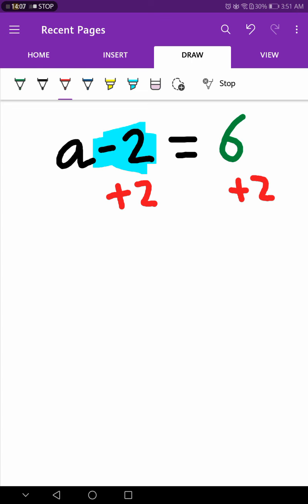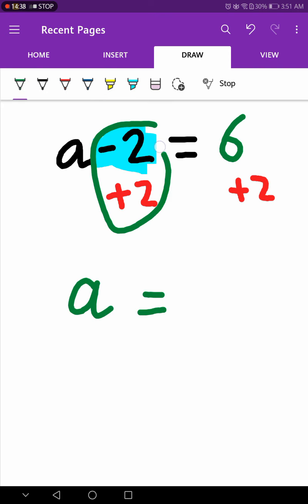And all the terms we just move to the other side. So we move it, or we do this plus 2 plus 2. It is the same, my dear student. You can move it, or you can add like this. So the a comes alone, because this is cancelled, and it is equal to 8.